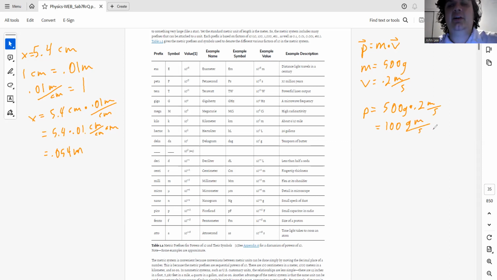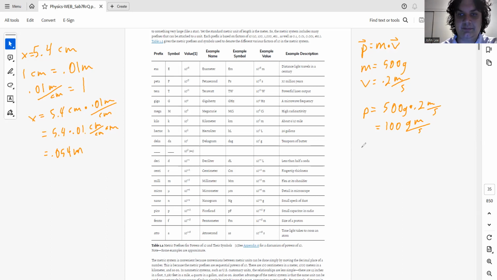So from here, we could convert from grams to kilograms, but I think the easier thing to do is to convert as soon as you see that it's in grams instead of kilograms, immediately converting this value up here.